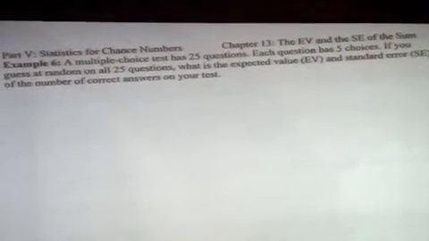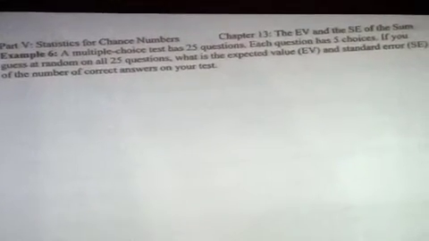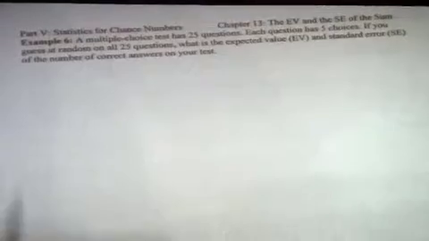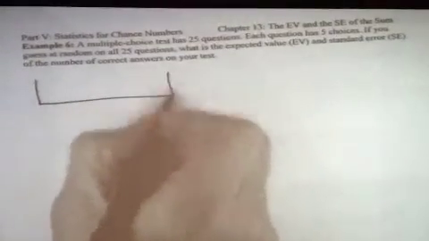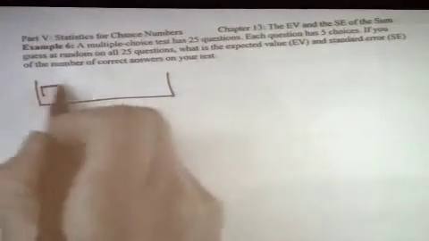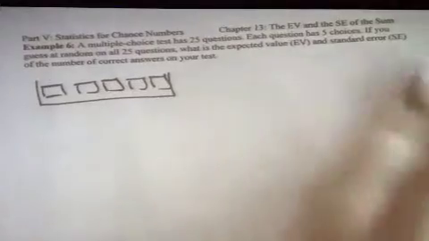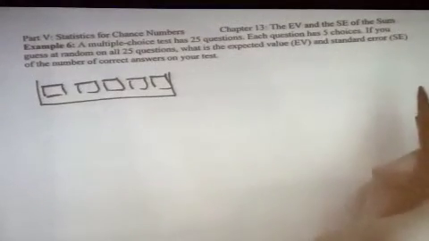It has 5 choices, and we're going to be guessing. You have no idea which one's right. You're clueless on this exam, and you're just picking. It's exactly like drawing from a box that has 5 tickets, only one of which is correct. And then you're just going to count up the number of correct answers.